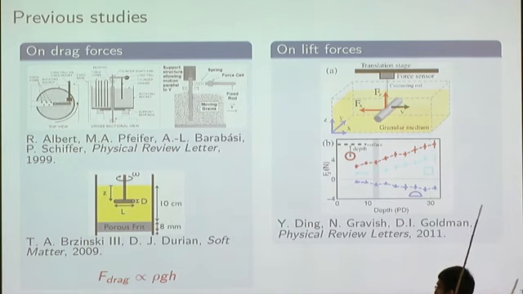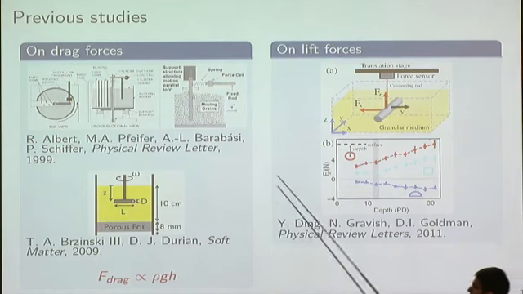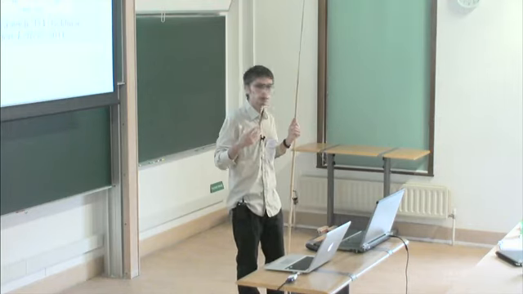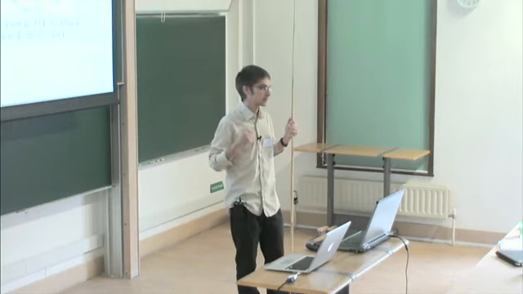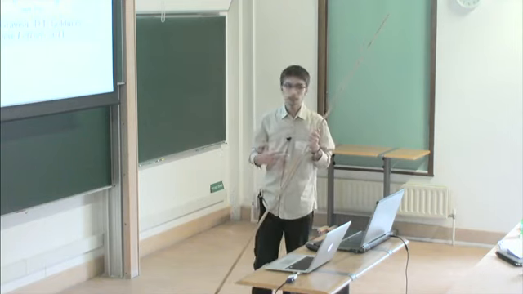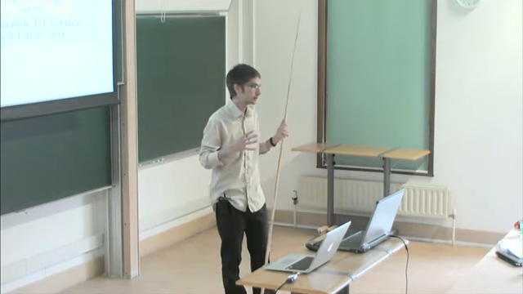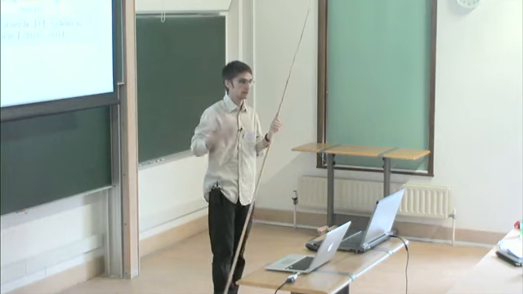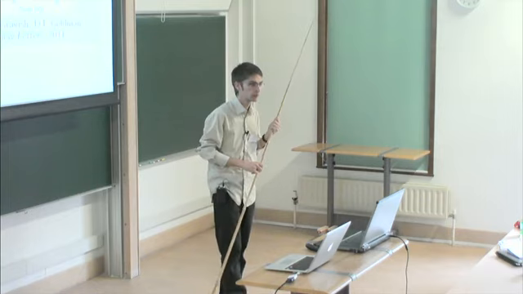And what is commonly known is that, in this case, the drag is proportional to the depth. This can be easily understood because all the forces exerted by the grains are frictional forces, which are proportional to the pressure of the grain. And far from the wall, the pressure is just the weight of the grain above the object.